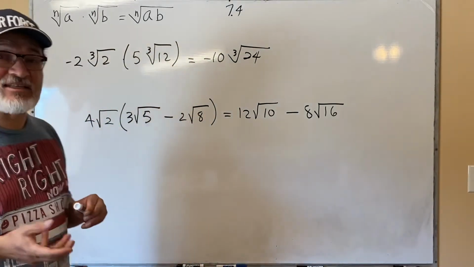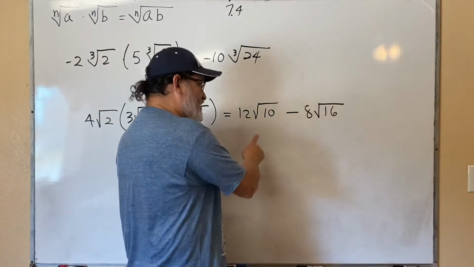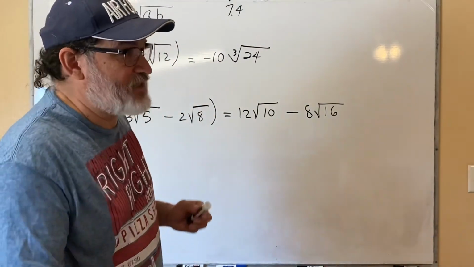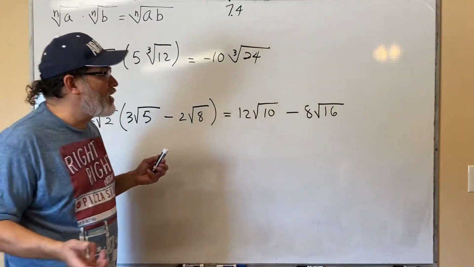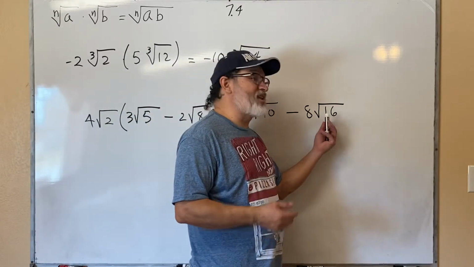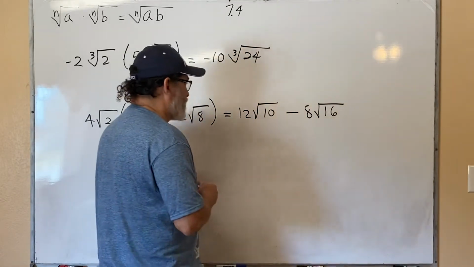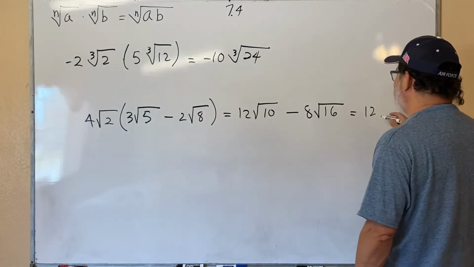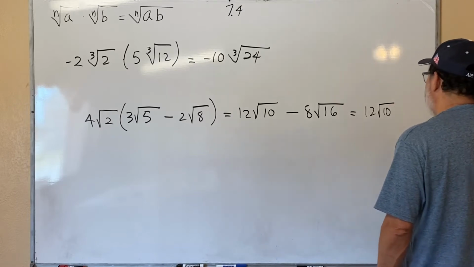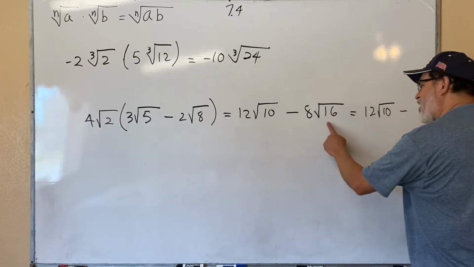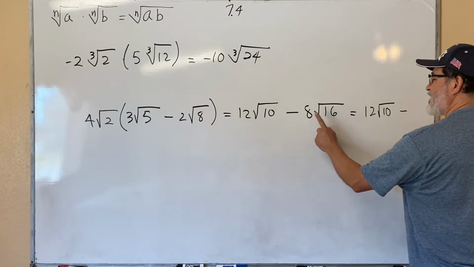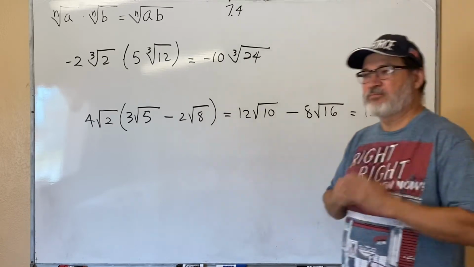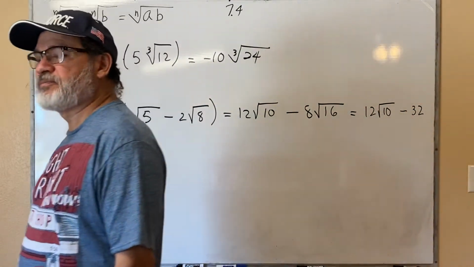I can't leave it like that. I have to simplify. Now, don't forget this 10 is 2 times 5. And you cannot take the square root of 2, and you can't take the square root of 5, so there's nothing you can do there. But the square root of 16 is 4. So therefore, this becomes, good class, 12, the square root of 10, minus a 4 comes out, multiply times 8, minus 32. There you go.